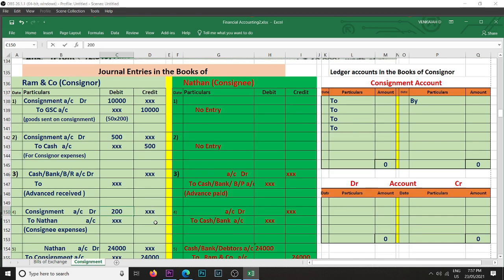Consignee expenses are also recorded in the books of the consignee: Ram and Co. account debit to cash or bank account, 200.